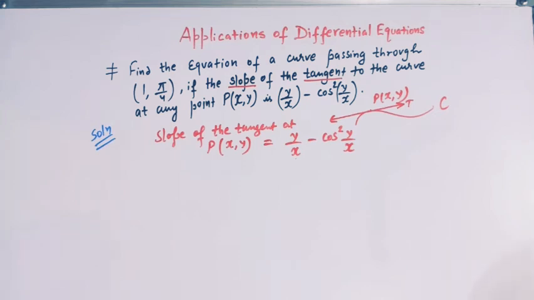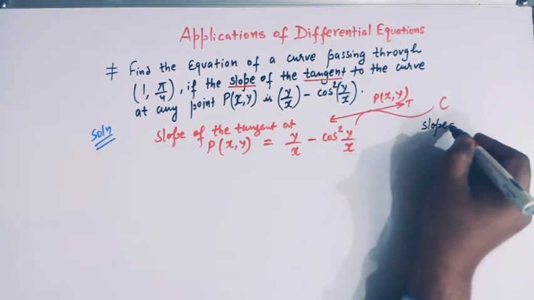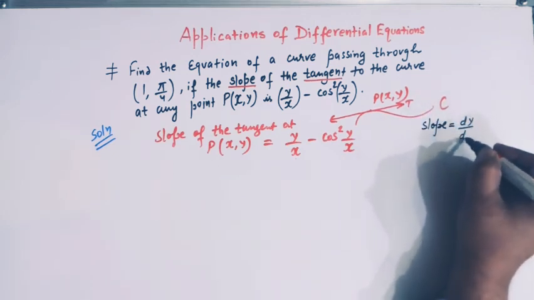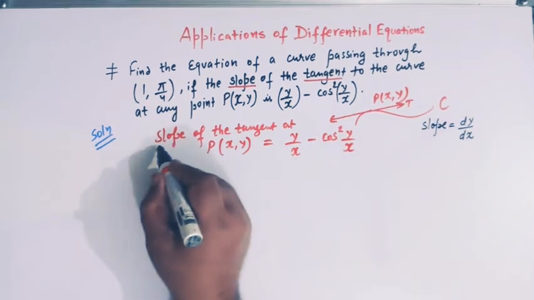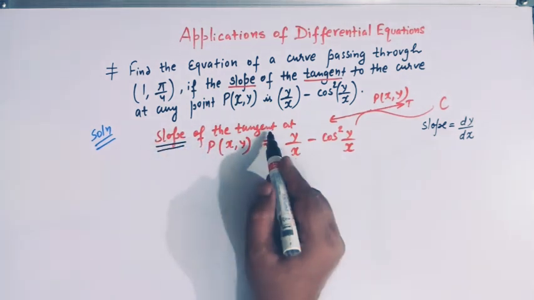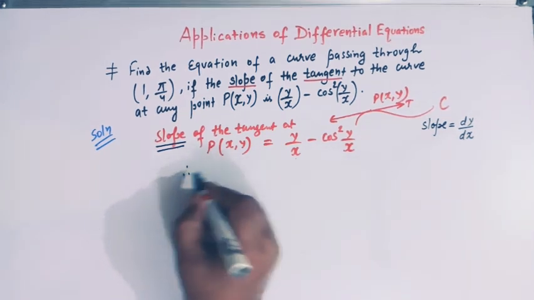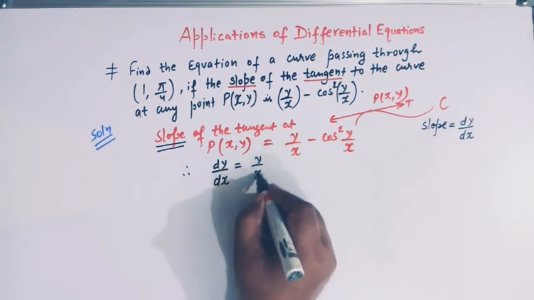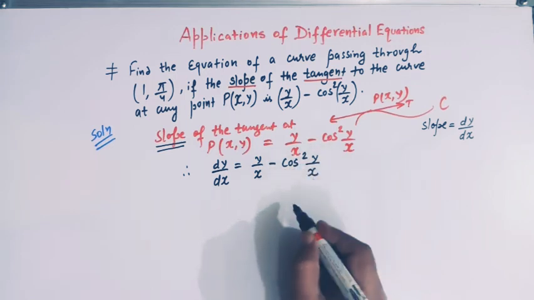Now we know that the slope of the tangent can be calculated by using the derivative of y with respect to x. So this is the slope of the tangent, and the slope is dy/dx. So we can write dy/dx = y/x − cos²(y/x).